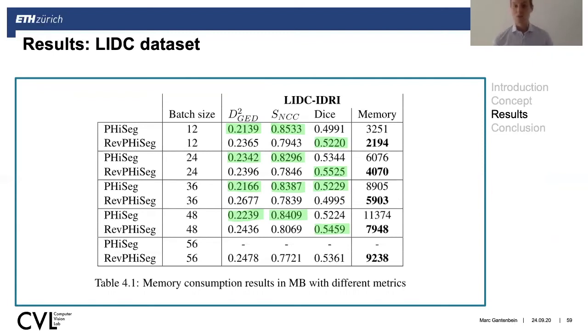This might be due to the additional 1x1 convolution that we introduced for dimension change. Since we have more parameters, the segmentation performance might be better due to this fact. The memory consumption is always around 25 to 30% lower, and the performance does not differ by much.